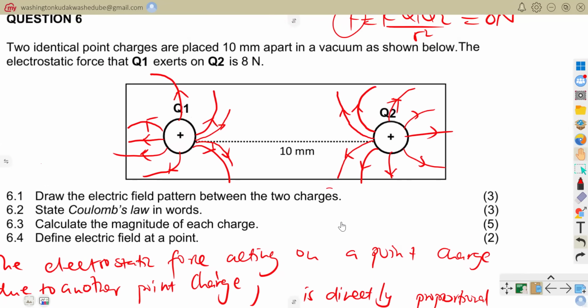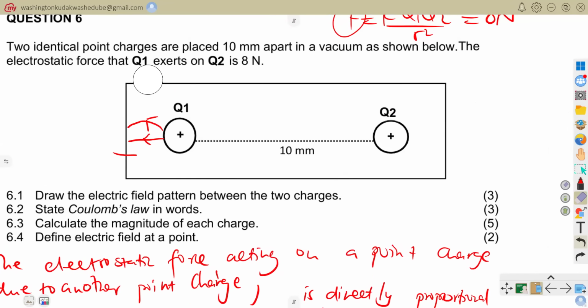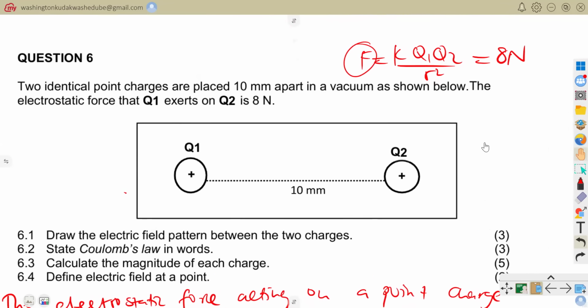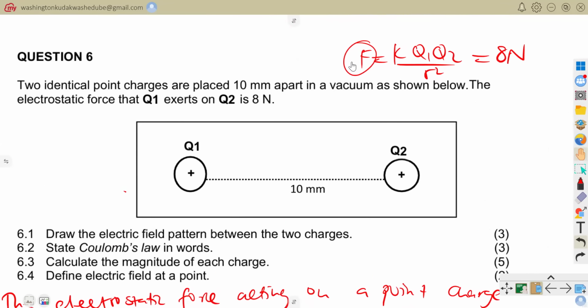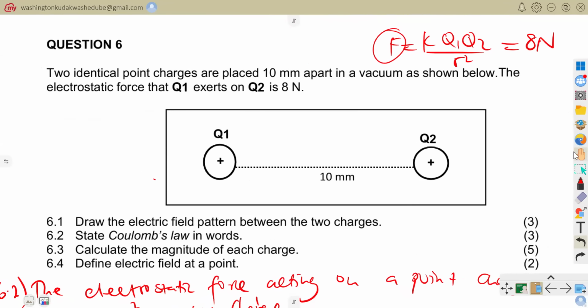Now they are saying calculate the magnitude of the charge. We already saw how we're supposed to draw them. Two identical point charges are placed 10 millimeters apart in a vacuum as shown below. The electrostatic force that Q1 exerts on Q2 is 8 Newton.